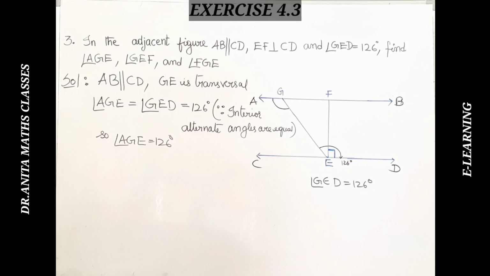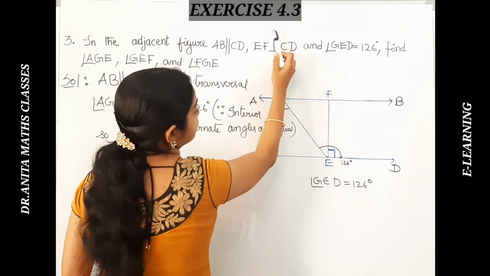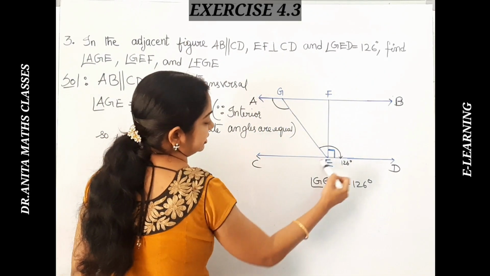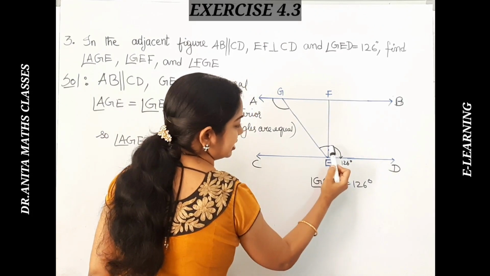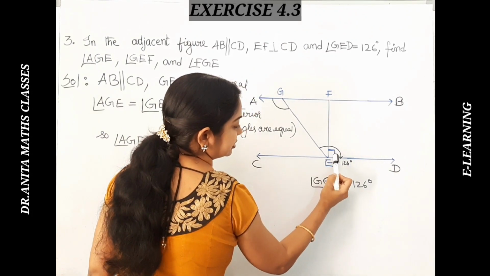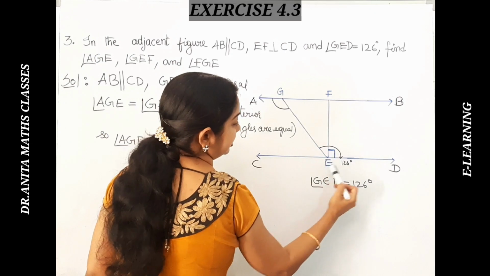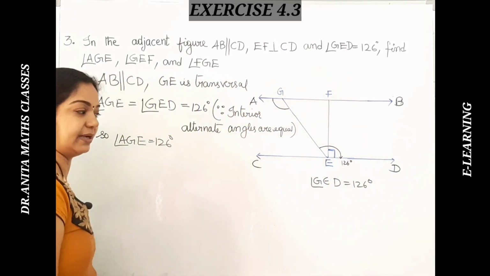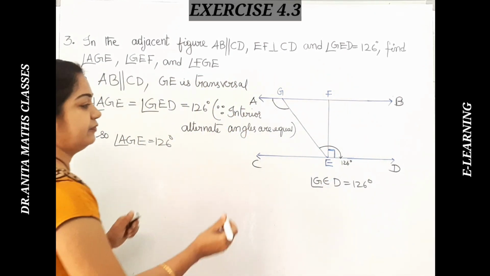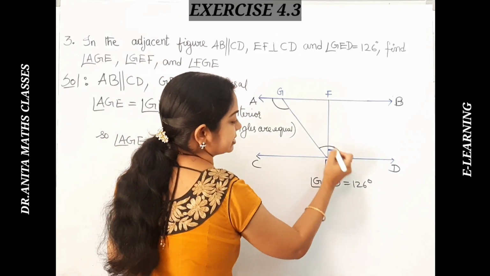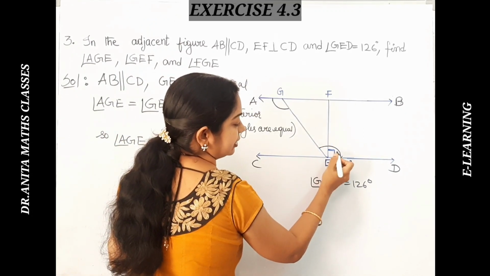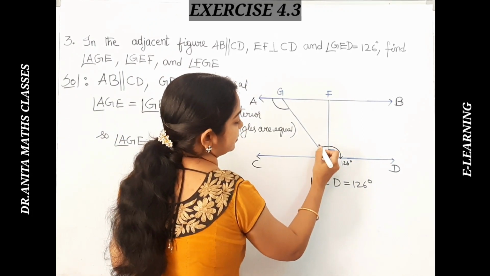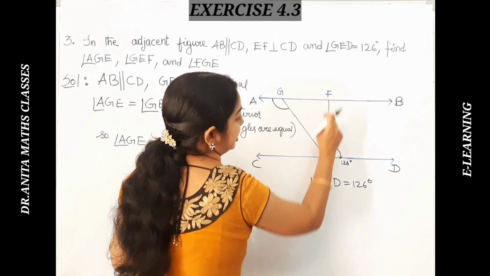Now, one is over, AGE. We have to find GEF. Considering the second part, EF is perpendicular to CD. That means there is 90 degrees formed here. FED is 90 degrees since it is perpendicular. And we know the complete angle is 126 degrees. If you subtract this 90 degrees, we get the angle GEF.